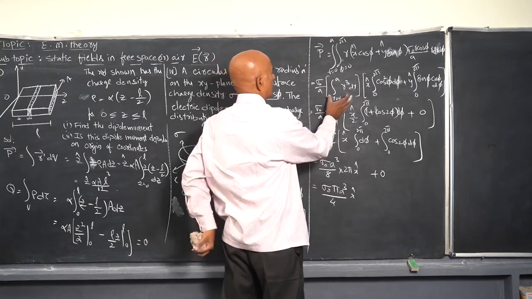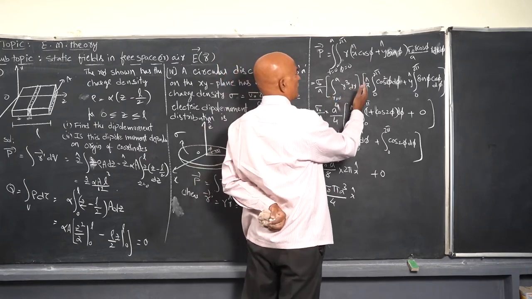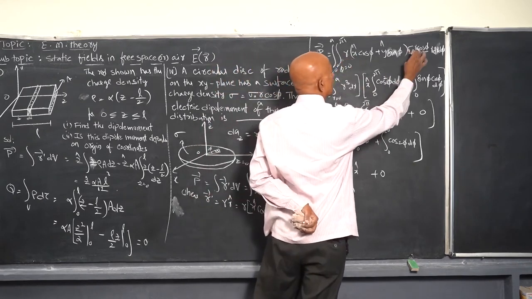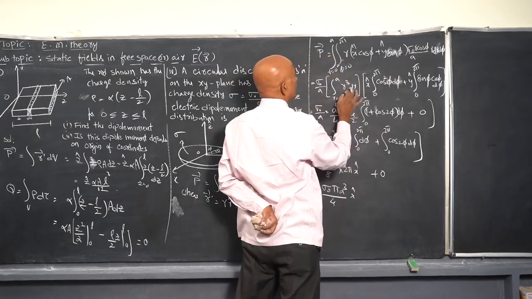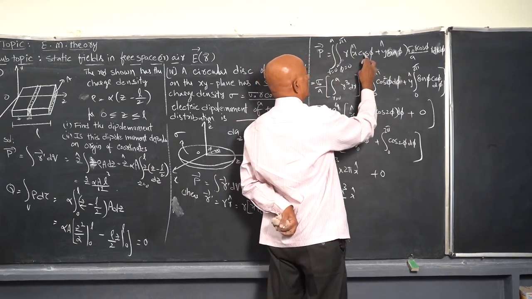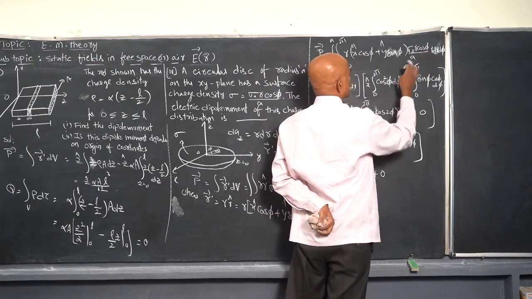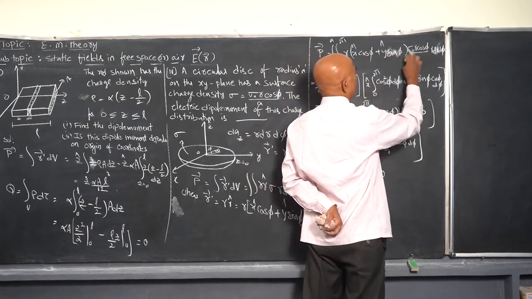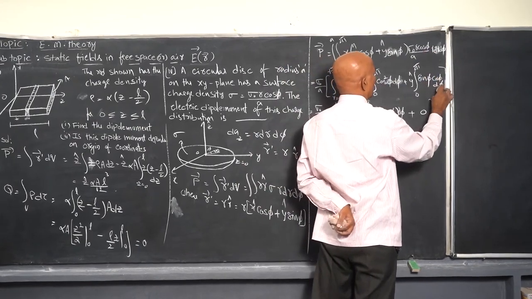Then I have written the r integral separately and the phi integral separately. Under r, we get the integral of r cube dr. Then the phi integral: x cap is a constant vector, into cos phi into cos phi, that is cos square phi d phi, plus y cap into sin phi cos phi d phi, from 0 to 2 pi.